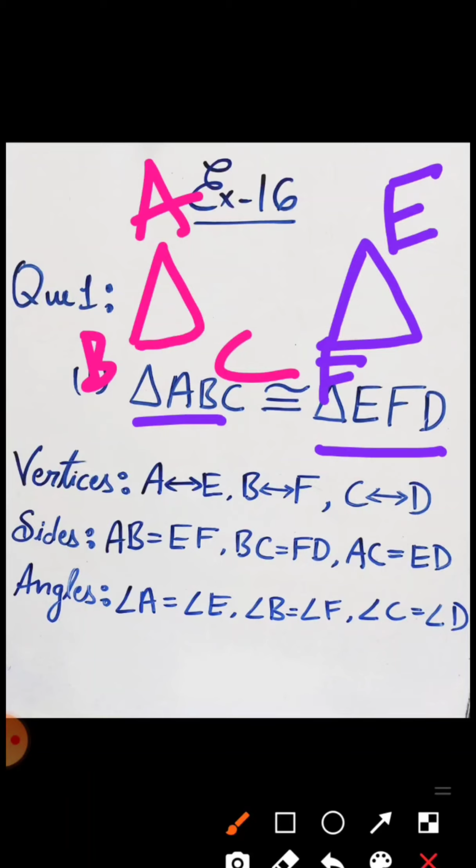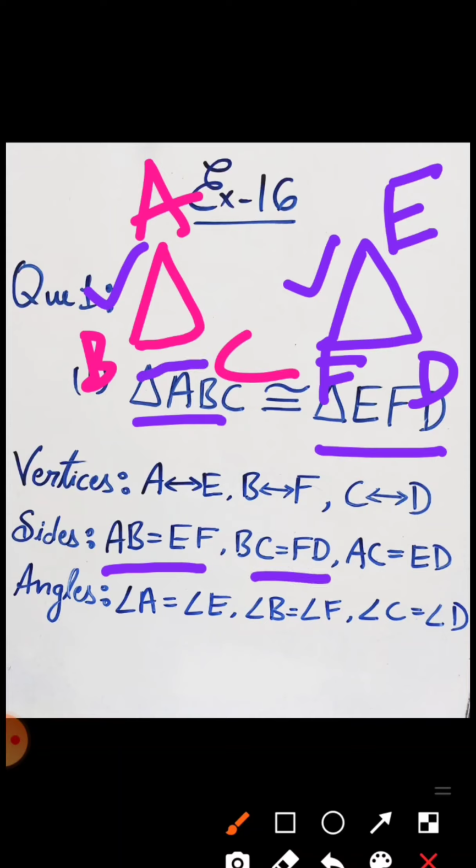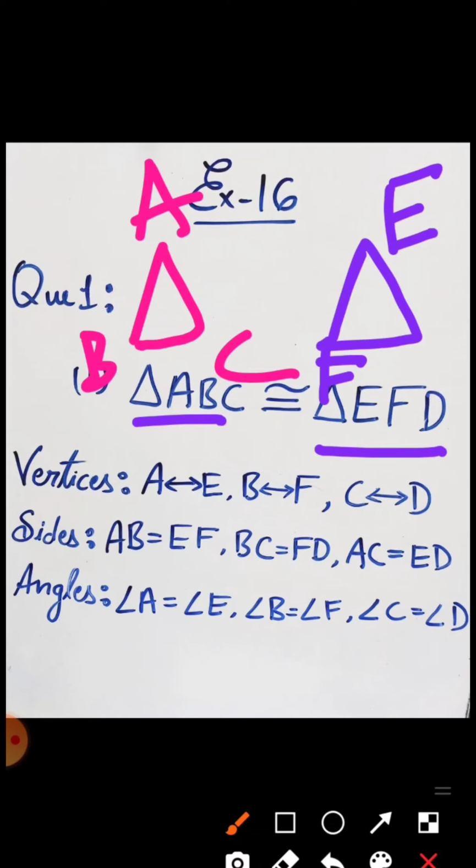Now come to the next one, sides. Which are the corresponding sides here? AB is corresponding to EF, written here like this. And BC is corresponding to FD, and AC is corresponding to ED. Now angles.